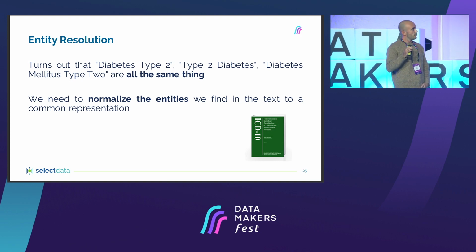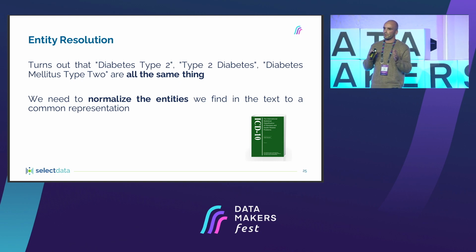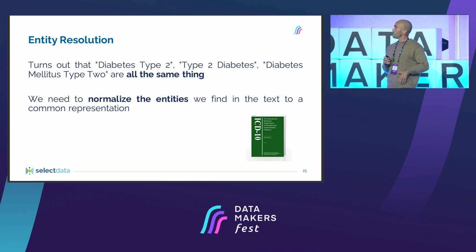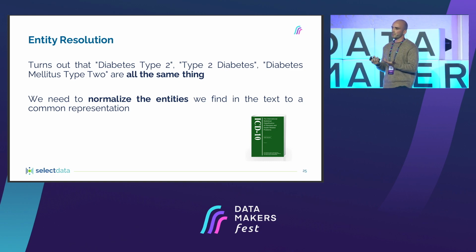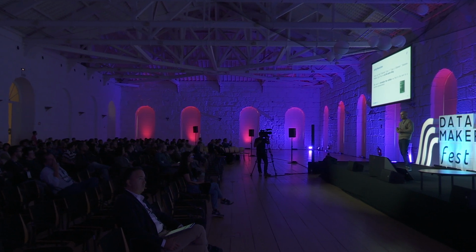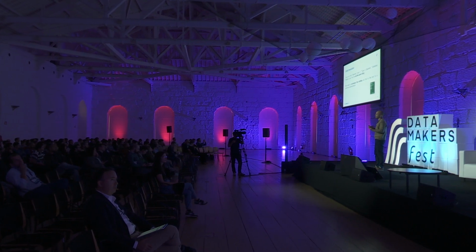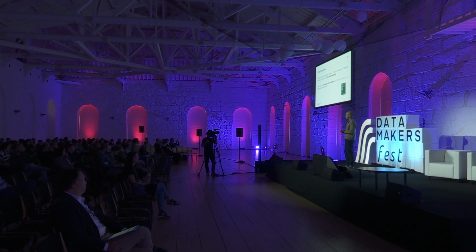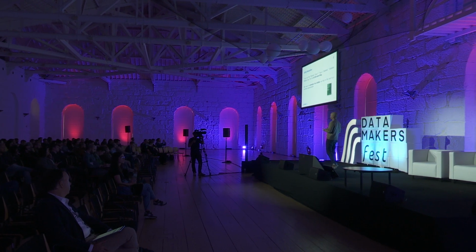The last step of this sort of overview and higher level recipe is to actually normalize the entities, because unfortunately, in the clinical domain, and I'm sure in other domains as well, multiple users will have multiple ways of referring to the same thing. So in this case, diabetes type 2 or type 2 diabetes are the same thing.